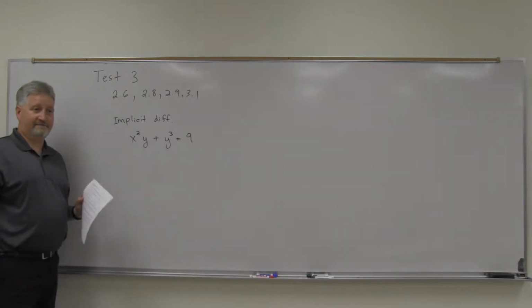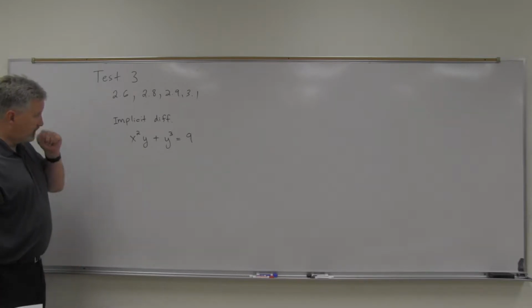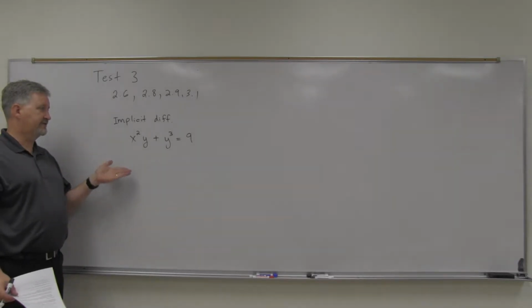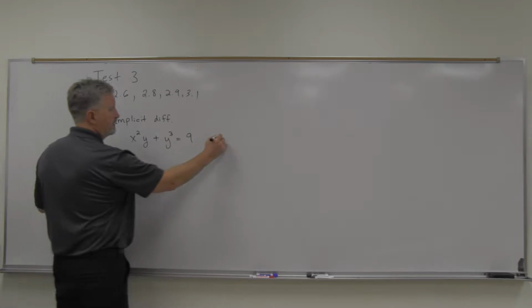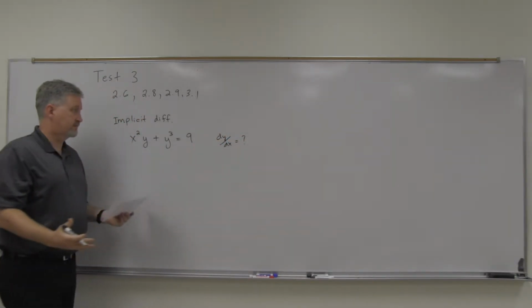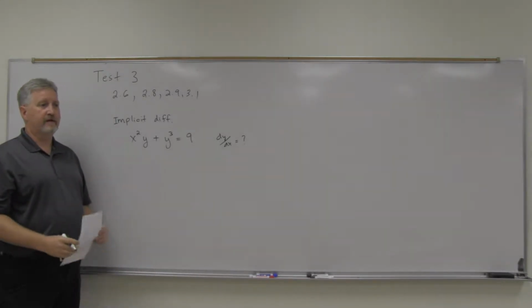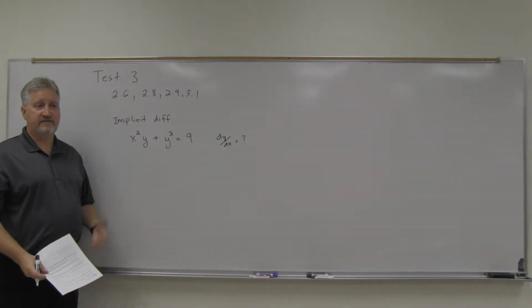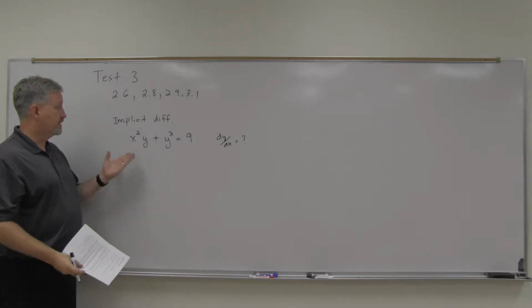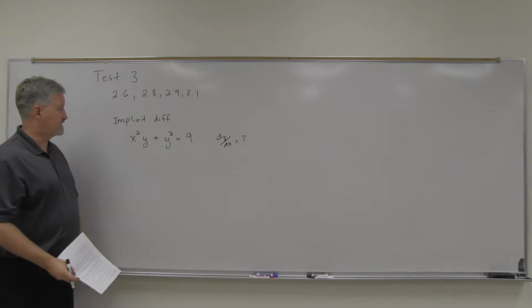That'd be a hard one to solve for y in terms of x. But with implicit differentiation, if I want to know my dy over dx, because it has a graph, and dy over dx is the slope of the tangent line, it makes sense that we should be able to come up with slopes of tangent lines to that thing.